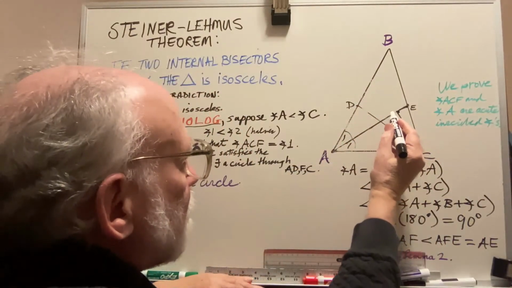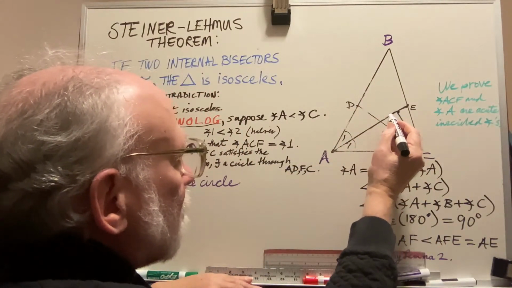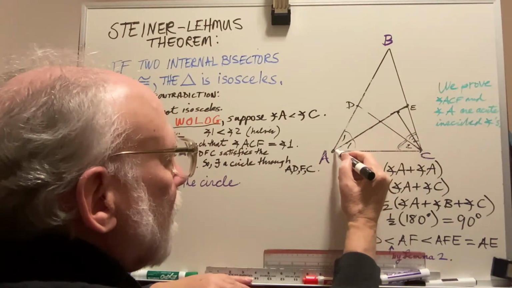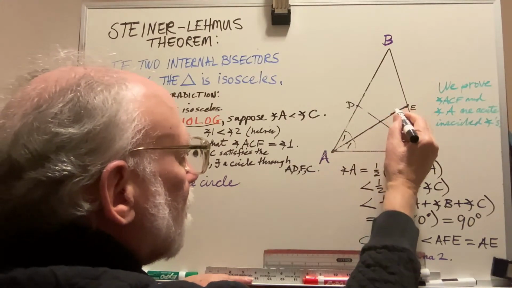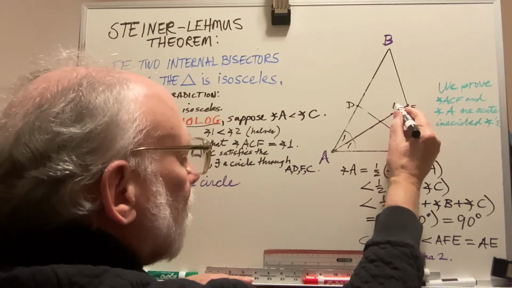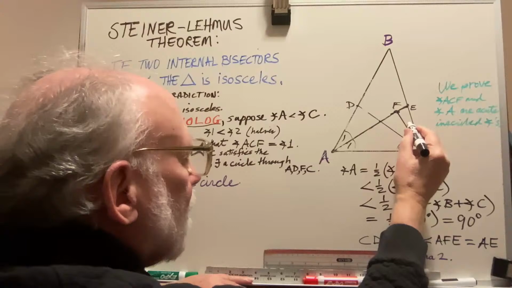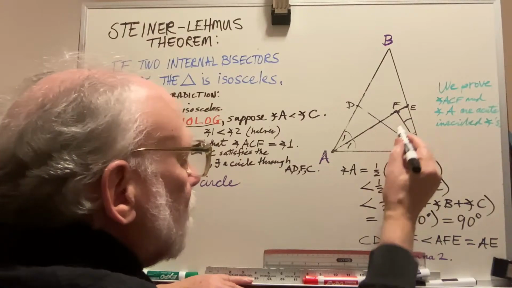F is between A and E. And this is going to be angle 1.